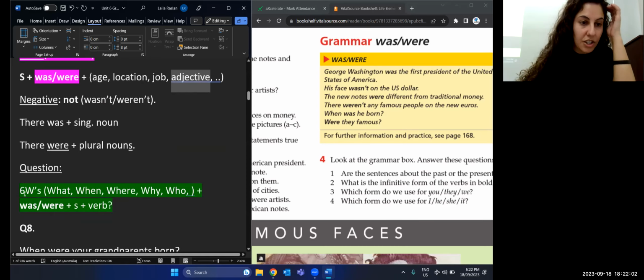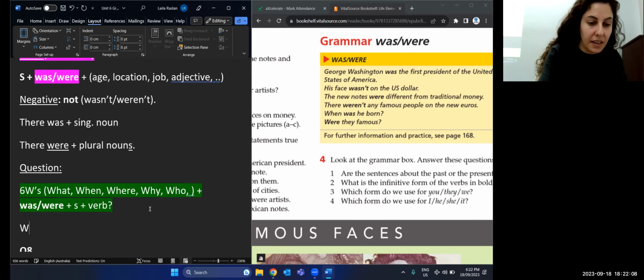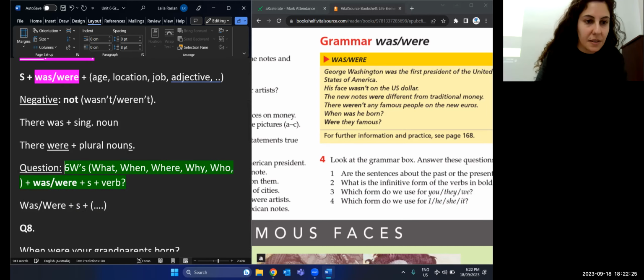So you can make the question with the 6 W's, or you can start the question with the verb to be, was or were, and then you add the subject plus whatever information. So you've got two ways to make a question.